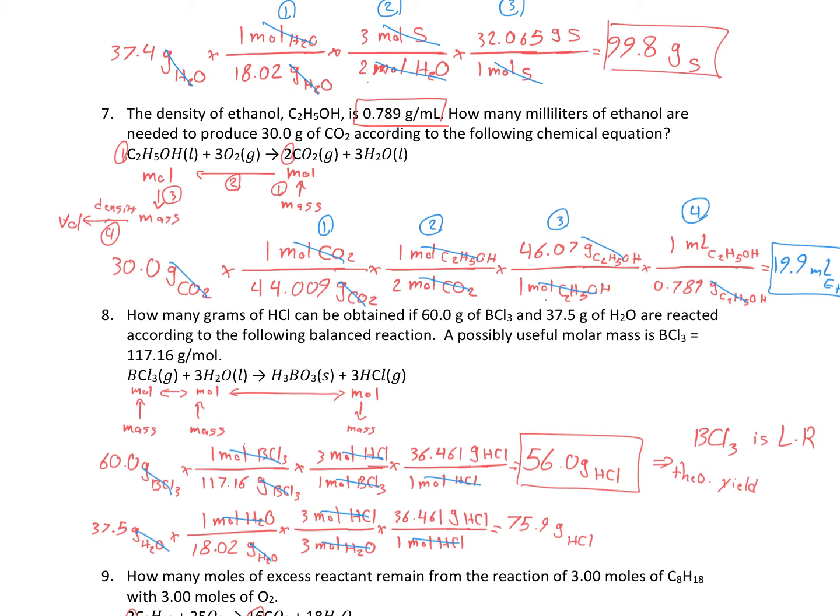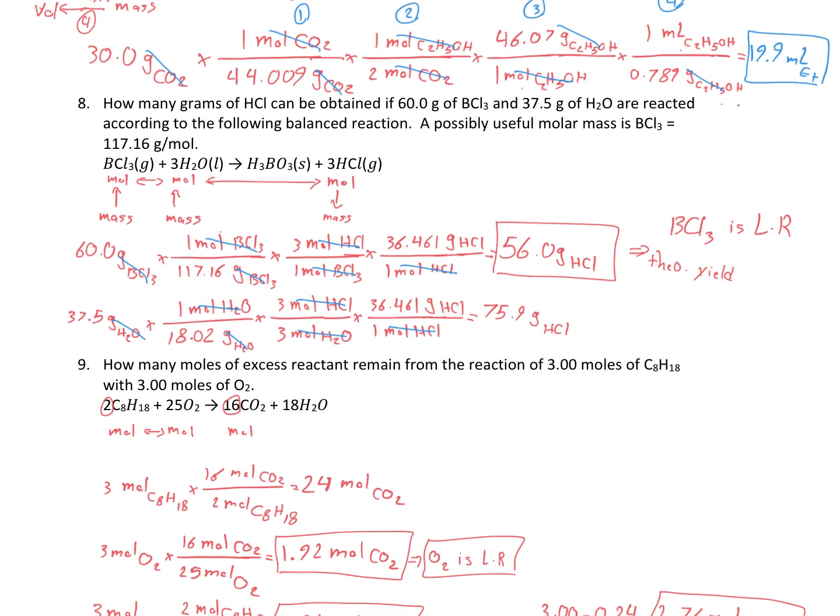I don't want the grams of ethanol, I want the milliliters of ethanol. So 0.789 grams of ethanol is 1 milliliter of ethanol. And what is the question asking? How many milliliters. So the unit is fine with what is asked in the question. You put these numbers in your calculator and find the answer, which is 19.9.